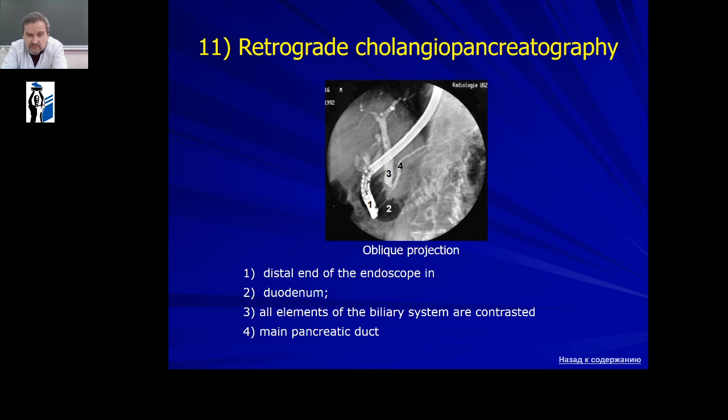We can see bile duct and liver ducts, and on digit number 4 we can see main pancreatic duct. This is also a special method of X-ray diagnostics.